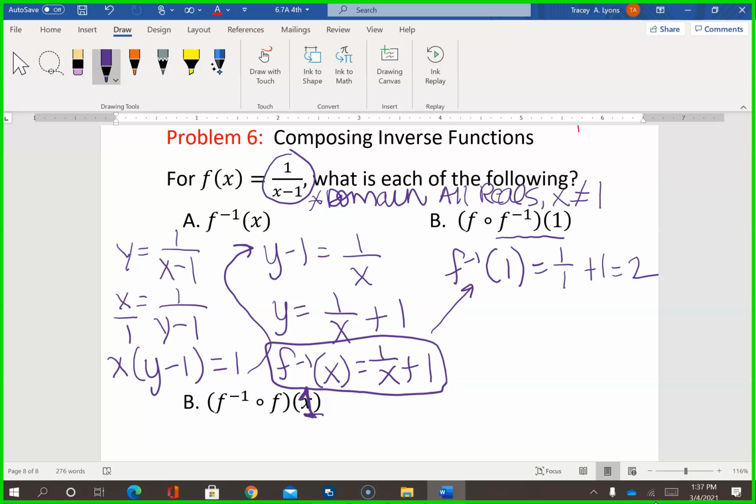And then I take that answer, and where do I plug it into? Because all I've really found is this part, right? I need to plug that answer into the function. Okay, so I'm taking this, and I need to plug in and find out what f of 2 is. So I go back up to the beginning, and it says 1 over 2 minus 1, which is 1 over 1, and you get 1.